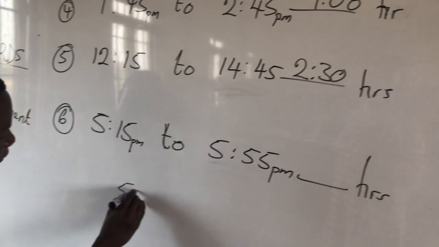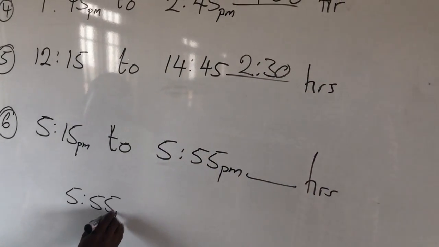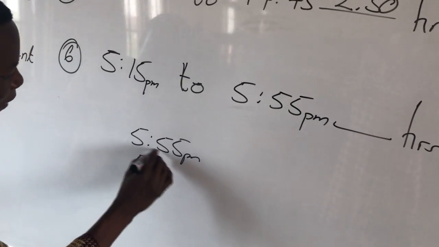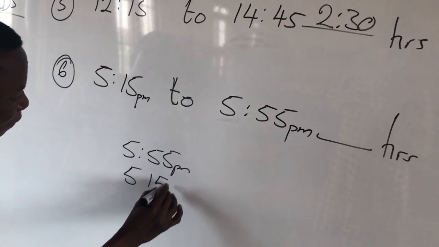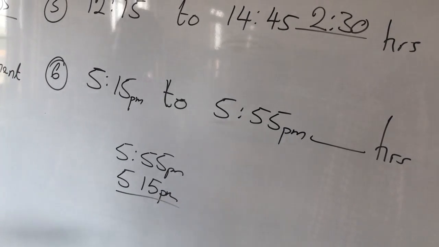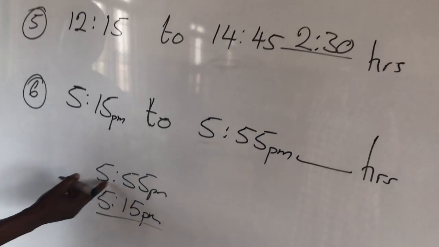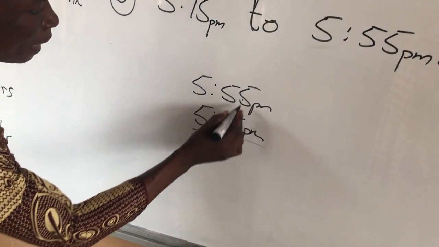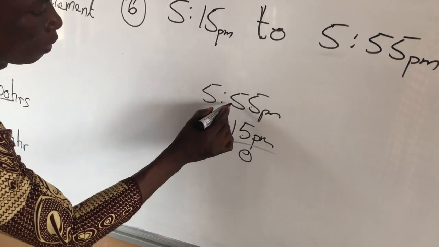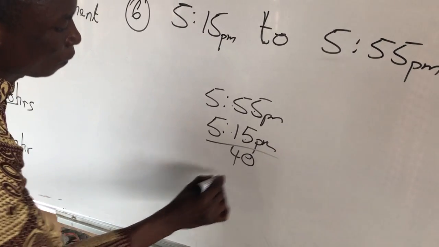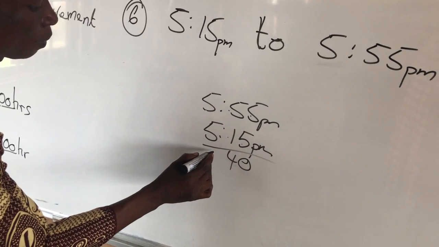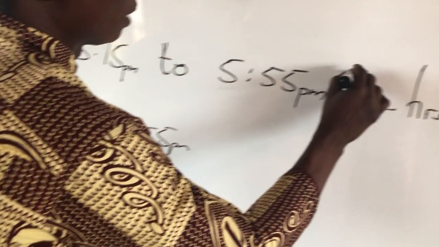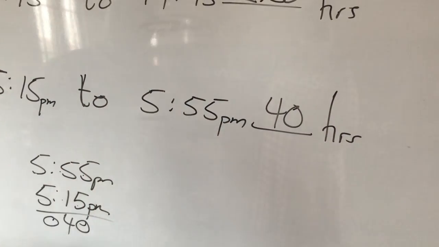This is 5:55 p.m. and 5:15 p.m. 5 minus 5 is what? 0. 5 minus 1 is what? 4, which is 40. 5 minus 5 is what? 0. So write it or leave it. So here we have 40 minutes.